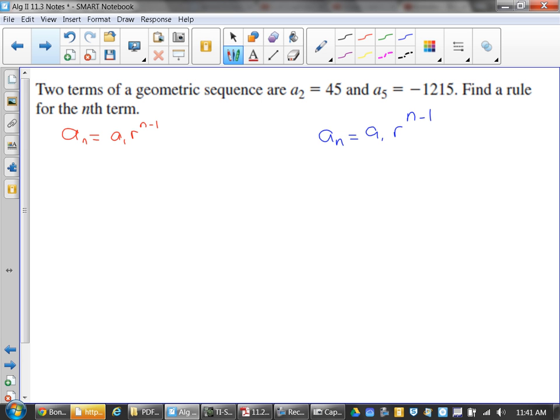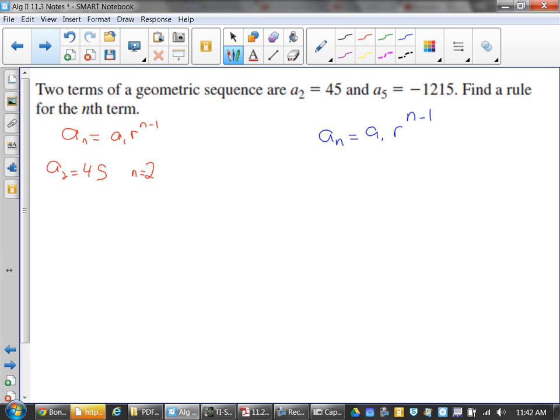And what I'm going to do here is write out as much as I can for both of the individual n values that I'm given. In the first example, I'm given the second term is 45. So I write that down. Second term is 45. Therefore, what is n equal to in that term? It's 2. Everybody okay with that? n is equal to 2.